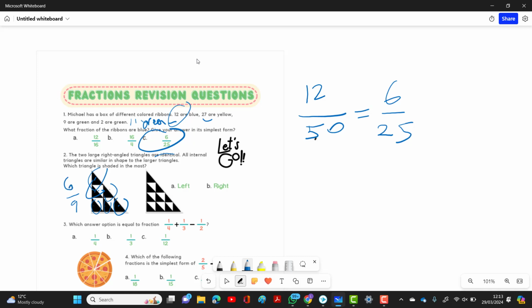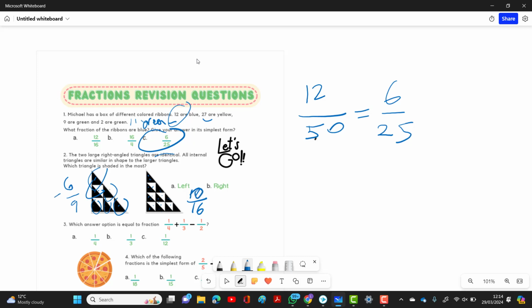And how many triangles have we got on the right? 1, 2, 3, 4, 5, 6, 7, 8, 9, 10, 11, 12, 13, 14, 15, 16. So 16 here. And how many shaded? 1, 2, 3, 4, 5, 6, 7, 8, 9, 10. So 10 over 16 there. Now they're different fractions, so we've got to either simplify them if that helps, or make the bottom number the same if we want to compare them.